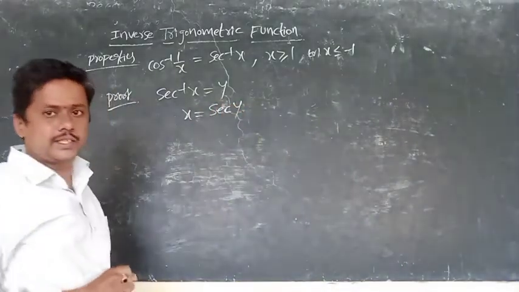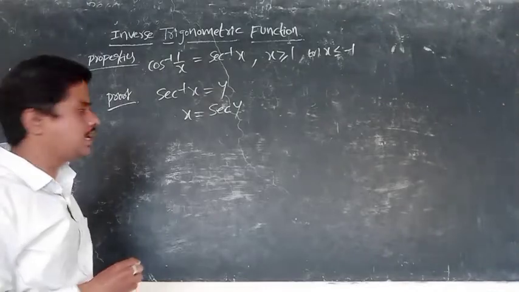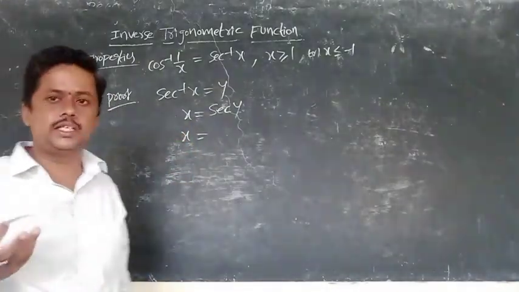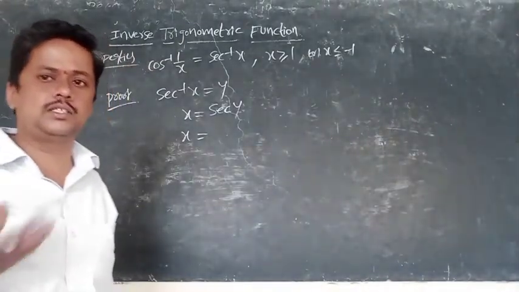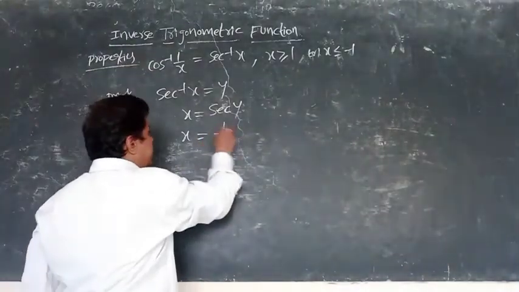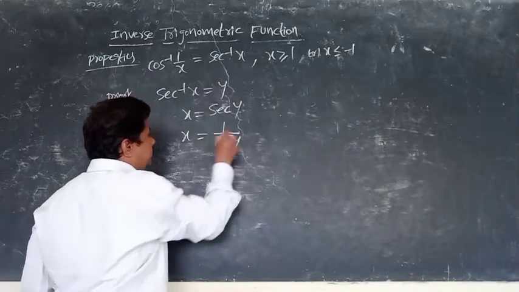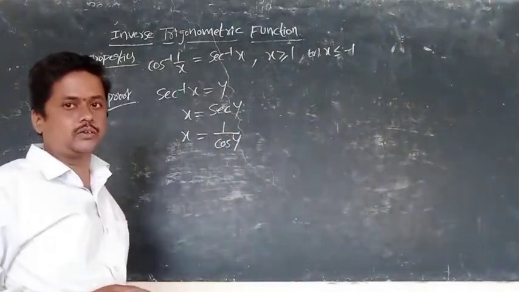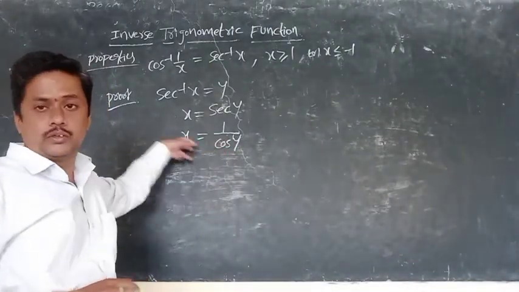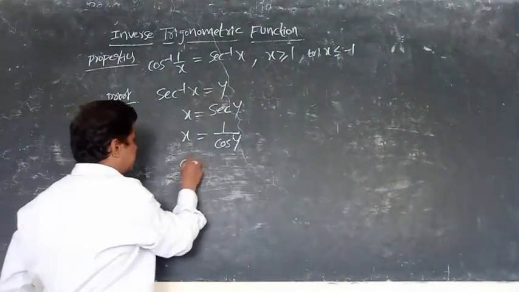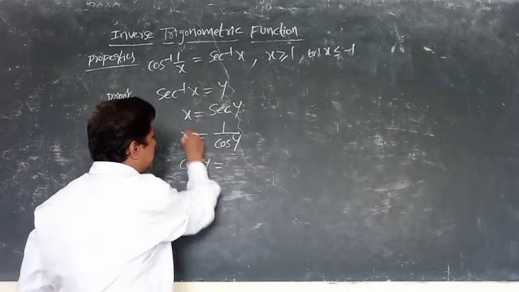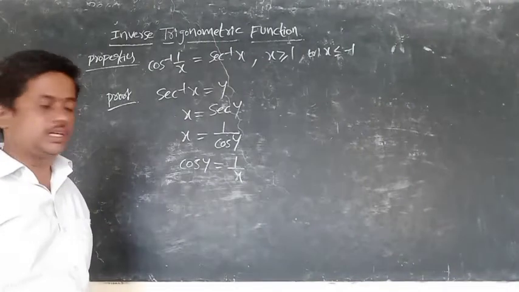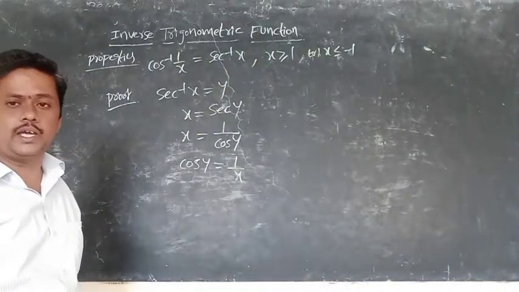Secant is the reciprocal of cos, so we can write x is equal to 1 divided by cos y. So you can shift to cos: cos y is equal to 1 by x.